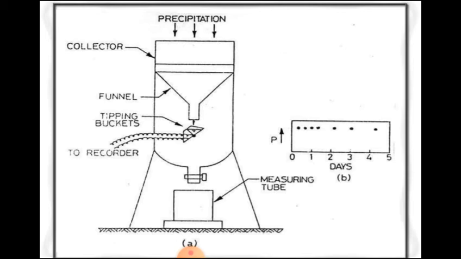In hilly areas, typically we need 8 rain gauges. So these guidelines should be followed in designing a rain gauge network. Another guideline is that 10% of the rain gauges should be of the recording type.